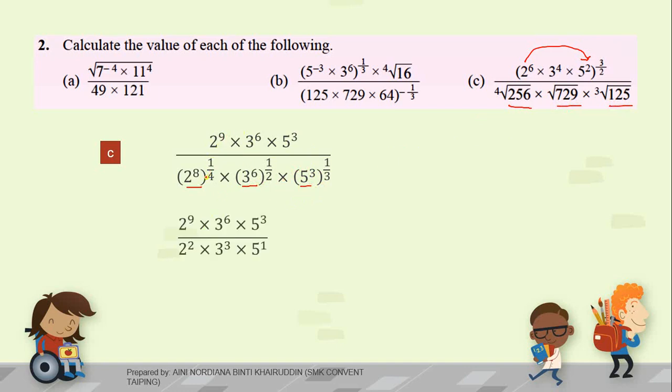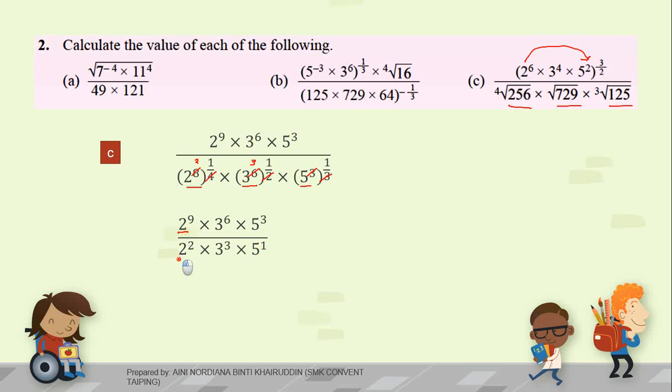Next, here you can simplify and then you get 2 here. Here you get 3. So here 1. So the denominator is 2 square times 3 cube times 5 to the power of 1.